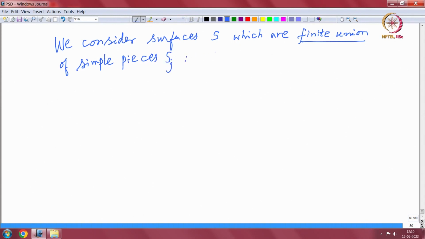Okay, so this means S is the union of Sj, say j equal to 1 to n, and each Sj is a simple piece.